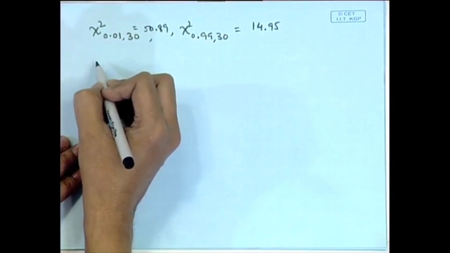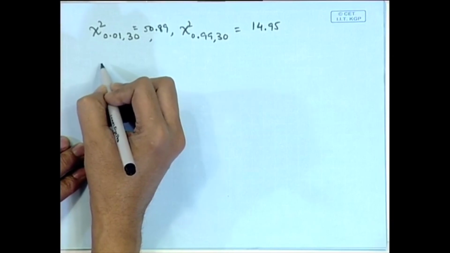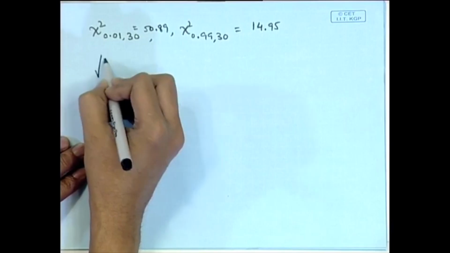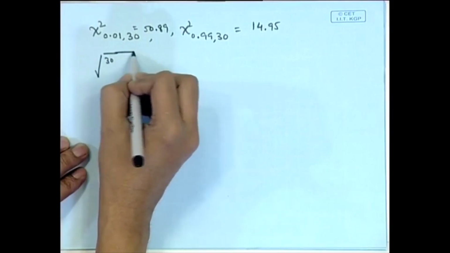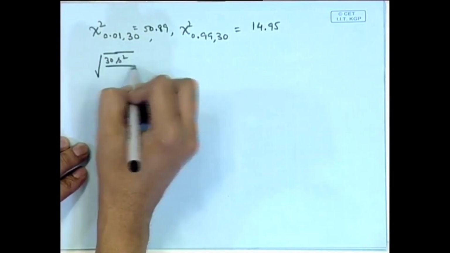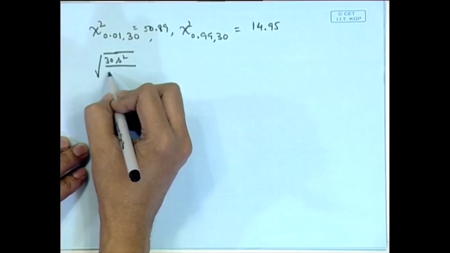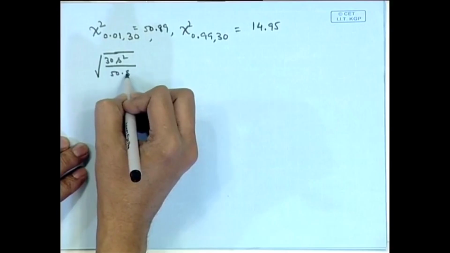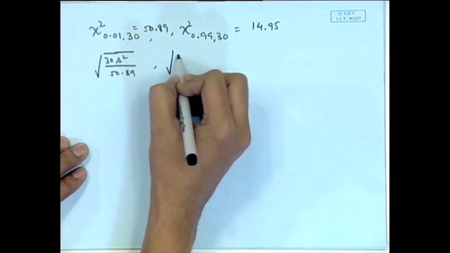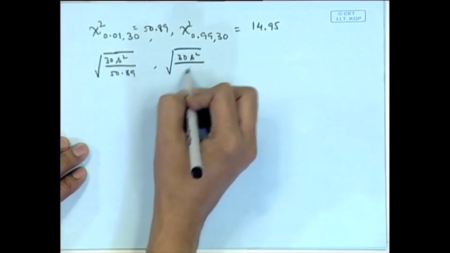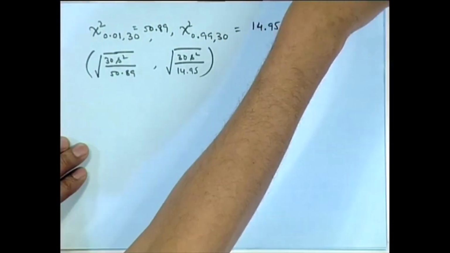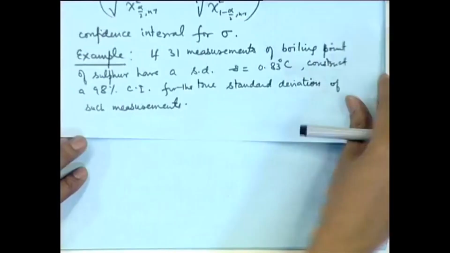So, we calculate root 30 s square divided by 50.89 and root 30 s square by 14.95, where s value is given by 0.83.